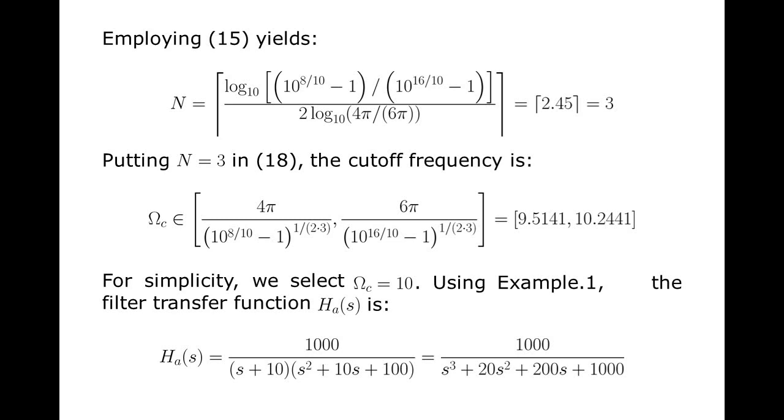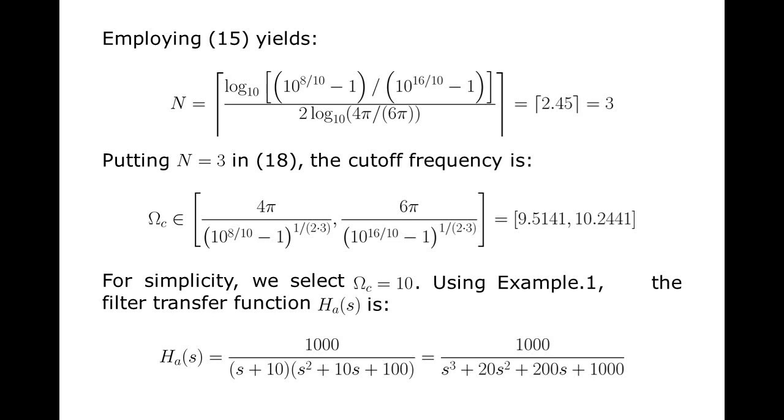By using equation 15 you can find out the order. Once you have the order, you can find out the actual cutoff frequency. Then for simplicity you can select the actual cutoff frequency, which lies between 9 and 10. We could select ohm C as 10, and then we can find out the transfer function.